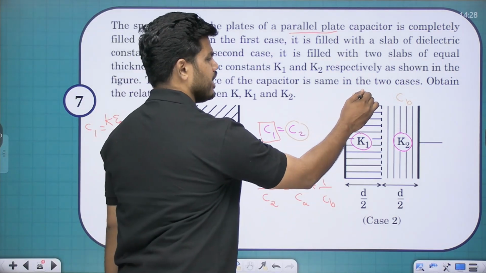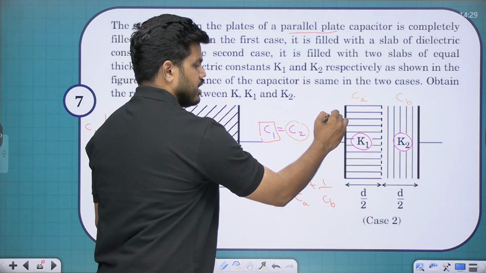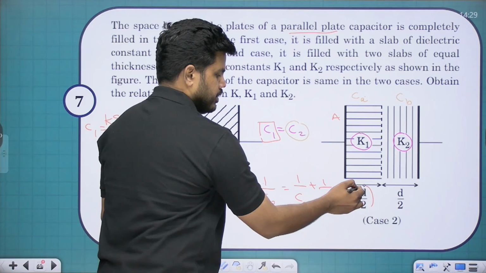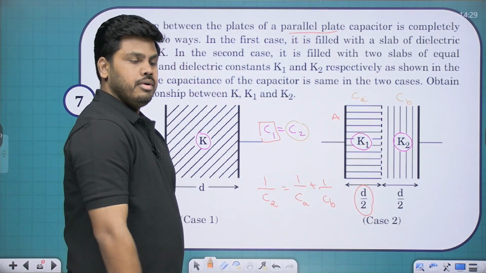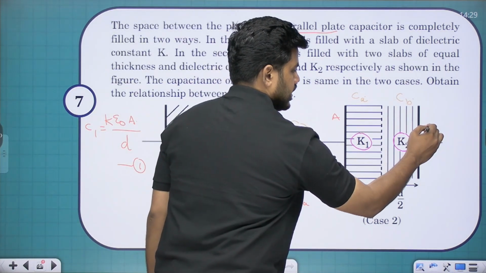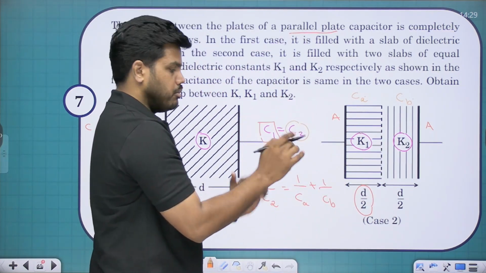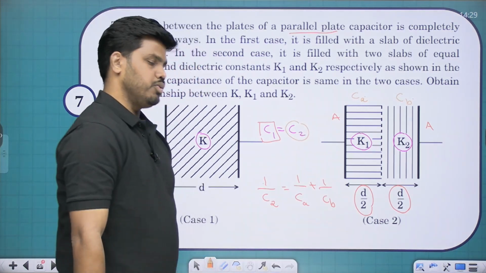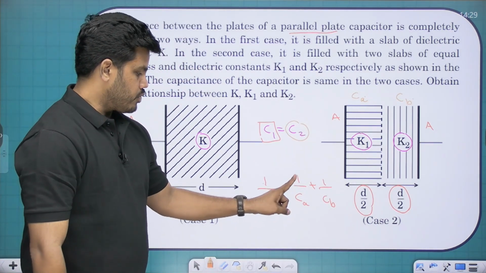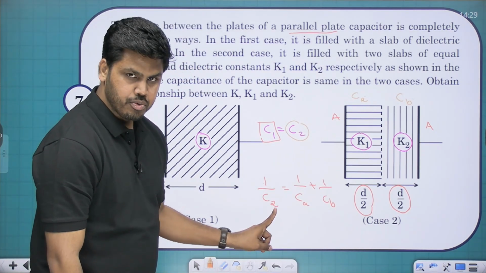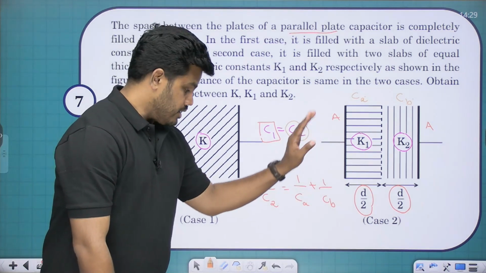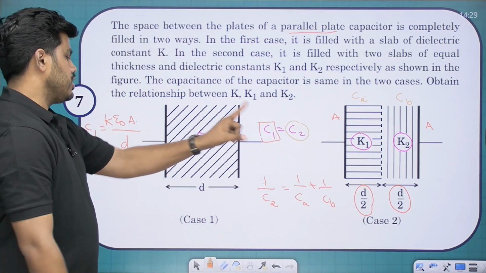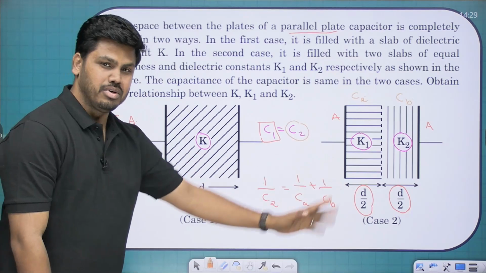When we consider CA, the plate area will be A, but the distance between the plates is D by 2. When you consider CB, the whole plate area A is available, but the distance between the two will be D by 2 only. So if you write the equations for CA and CB and substitute, you will get C2. Then C2 is equated to C1, and we will get a relation between K, K1 and K2.